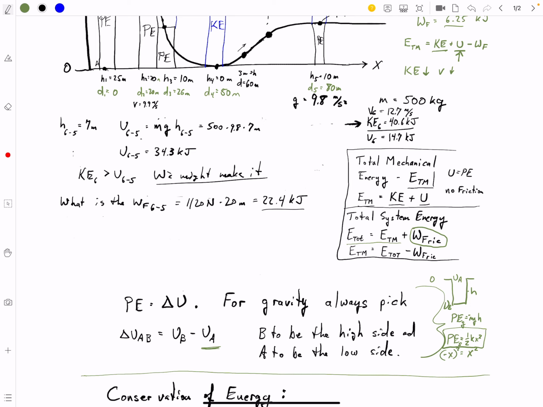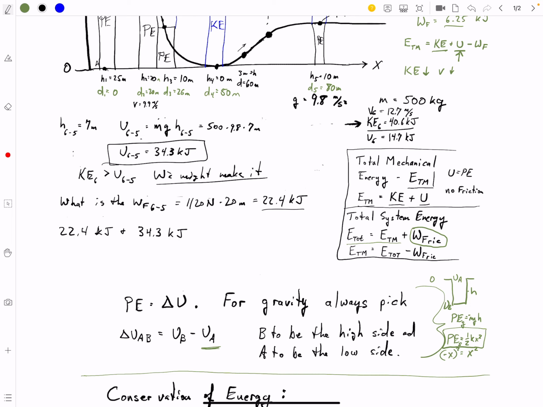So we've got this 22.4 kilojoules. If we add 22.4 kilojoules plus our potential difference of 34.3, that's how much energy we have to put into the system to get up that high.